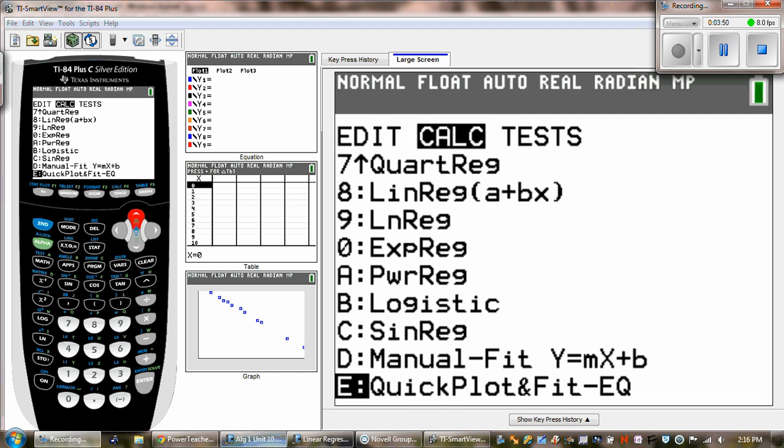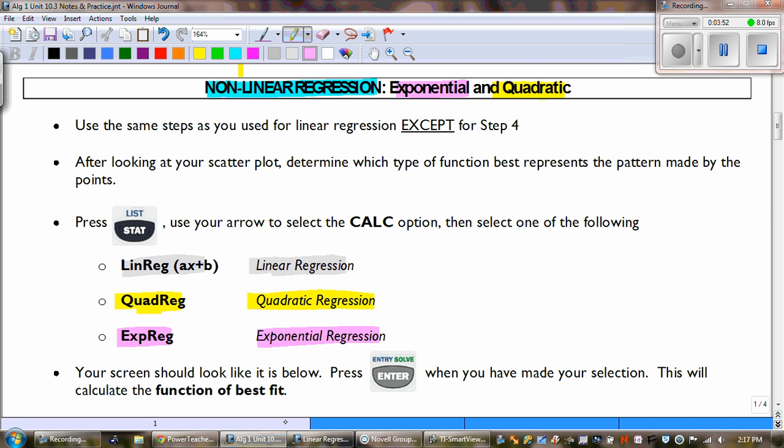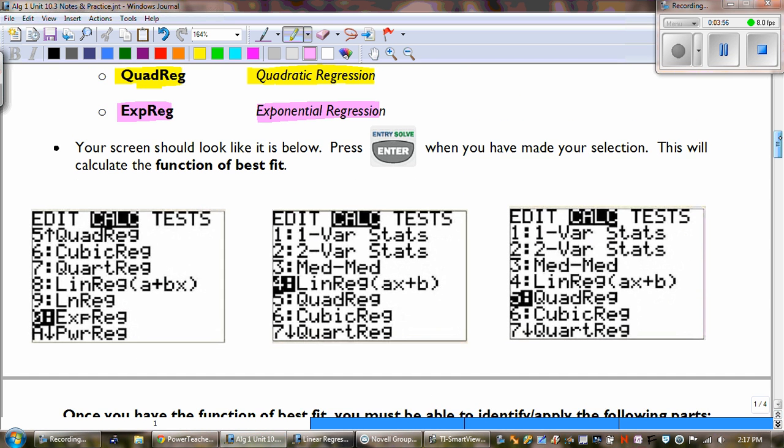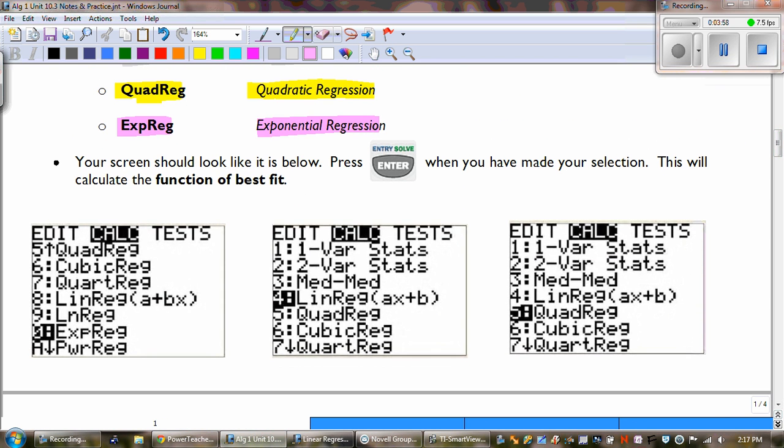That's going to be the main thing that's different as we go through this. The notes on the bottom show you where everything is. The exponential for ours is at 0. What we've been doing has been 4. And then quadratic was 5.